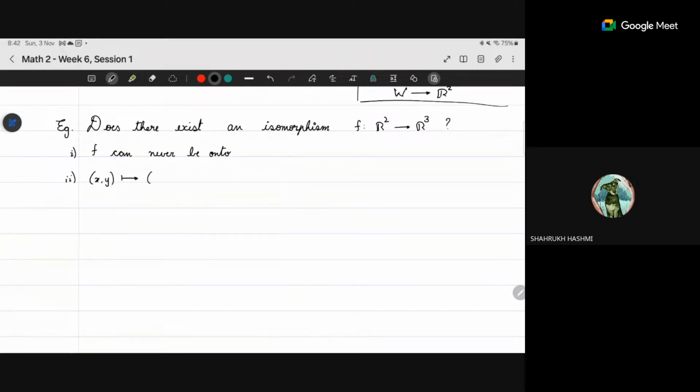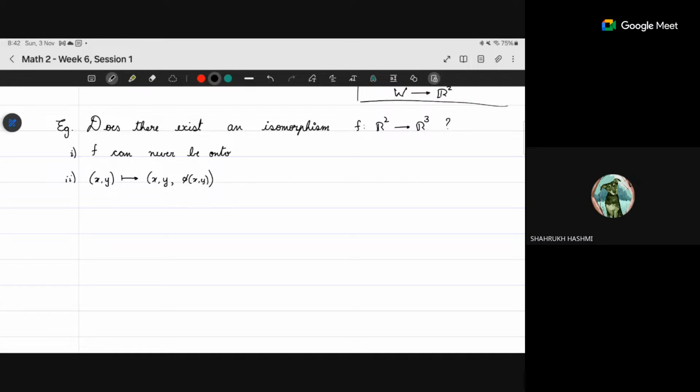is because the dimension of the codomain is greater than the dimension of the domain. So the two inputs that I've got so far are: f can never be onto, that is one guess.